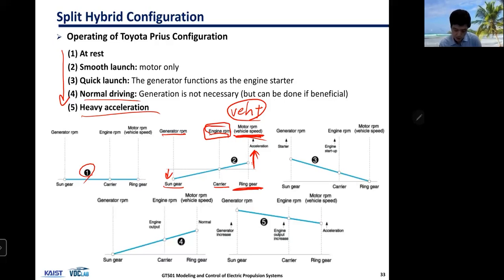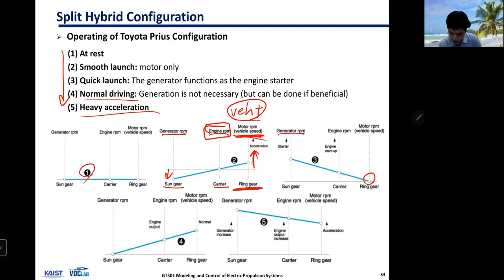But as you start driving the vehicle, or if you want higher acceleration or quick launch, then the vehicle has a low speed, but your engine should be turned on to produce main tractive power. So to do that, you need to start the engine using the generator first.